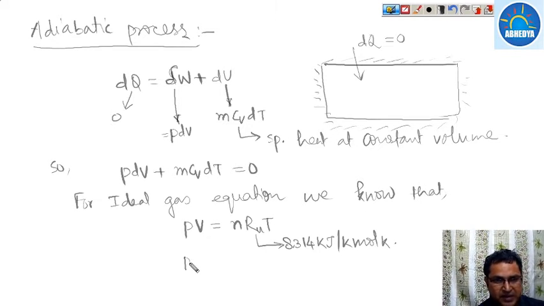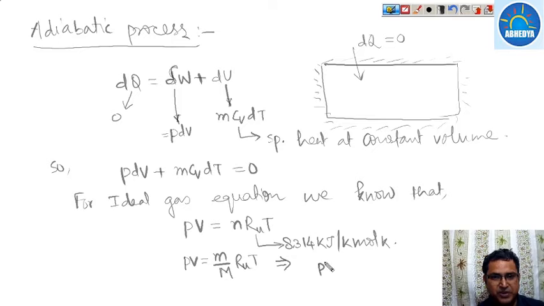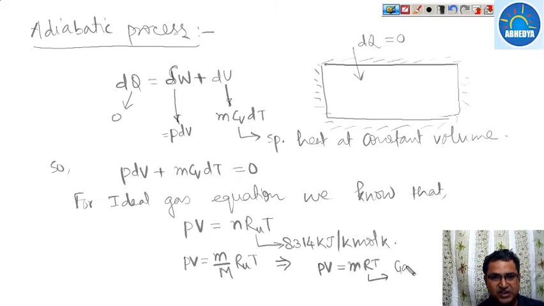This can be written as PV is equal to m divided by capital M times RuT, where m is the mass of the gas and capital M is the molecular weight of the gas. So PV is equal to mRT, where R is the gas constant, and its value changes for different gases.